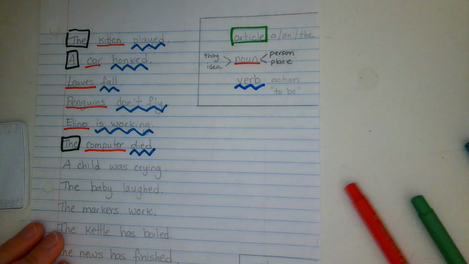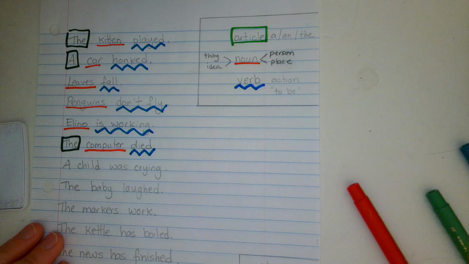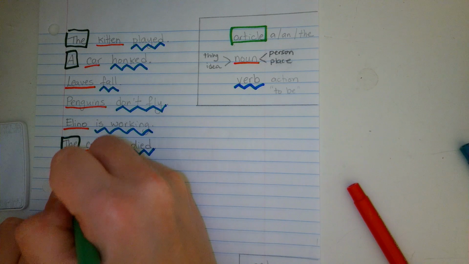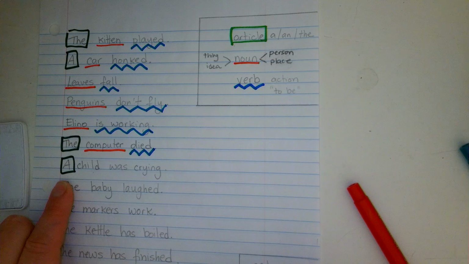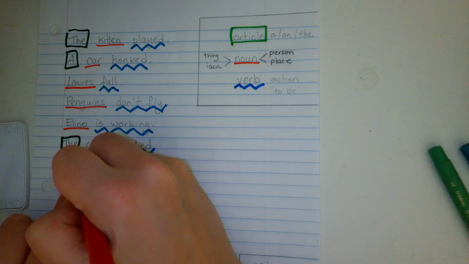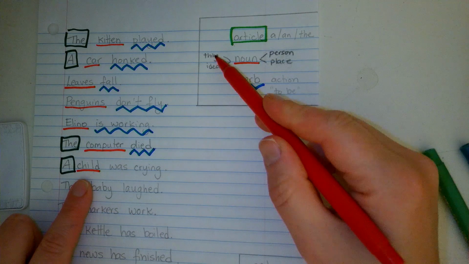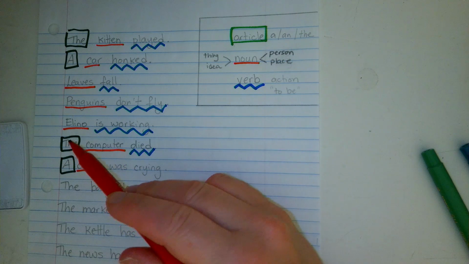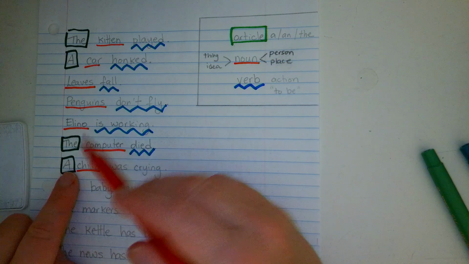Okay, next sentence. A child was crying. What's my subject here? I have an article, a, indefinite article. A what? A child. So child is my noun, because child is a person, right? Okay, so a child, that's my subject. What did the child do?